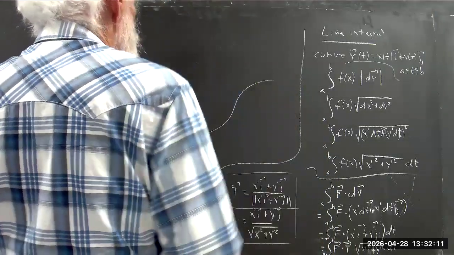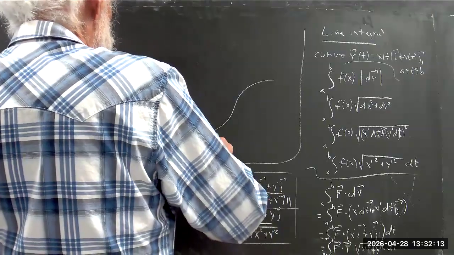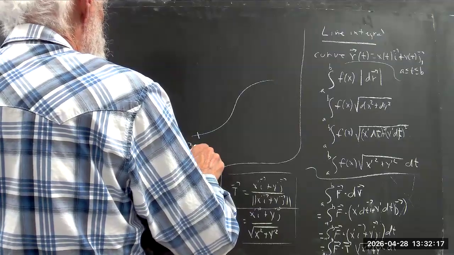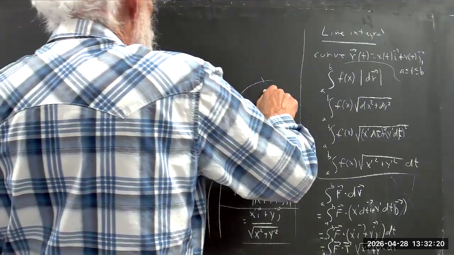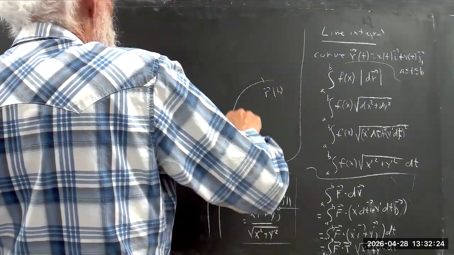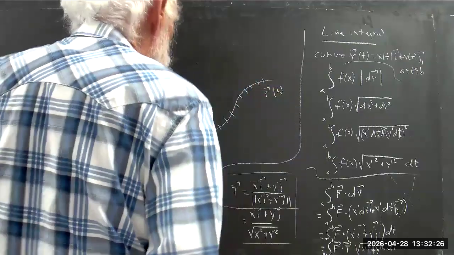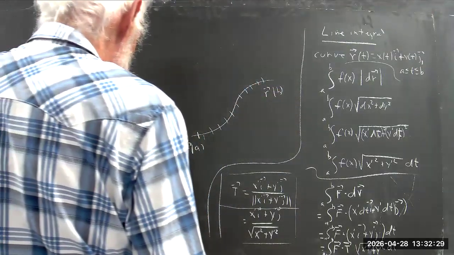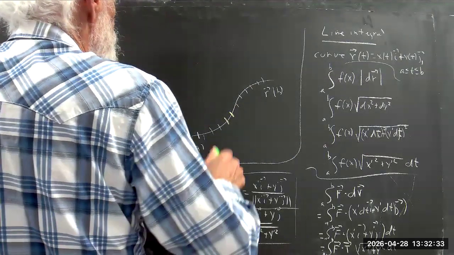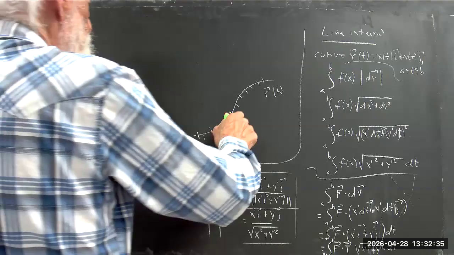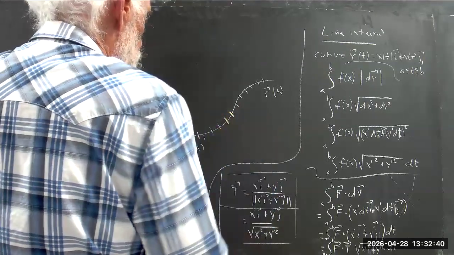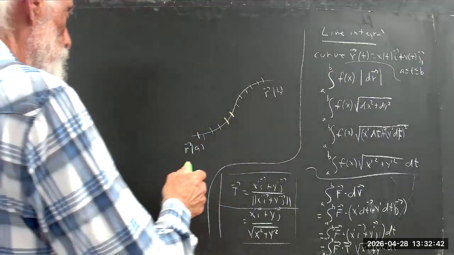Picture of a line integral: here's r of a, here's r of b. You partition it. You take your typical interval of the partition, which has a sample point and a unit tangent vector. I'm not going to draw everything in here.